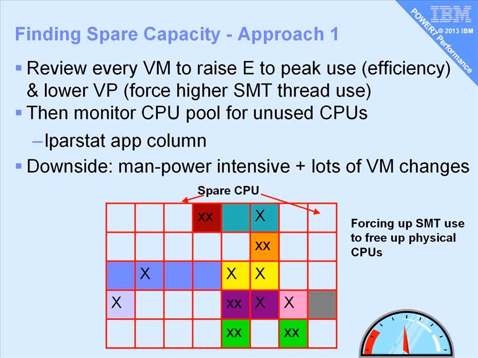Then we're going to monitor the CPU pool, and we should then be able to detect with the LPAR stat and the APP column the unused CPUs inside the machine. Now the downside of this is that it's quite manpower intensive. If you have 200 logical partitions, this is going to take quite a lot of time, and it takes a lot of virtual machine changes adjusting those entitlements and virtual processor numbers.